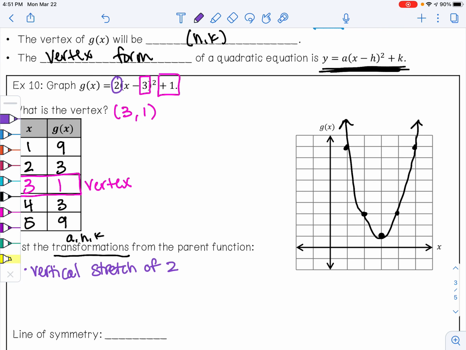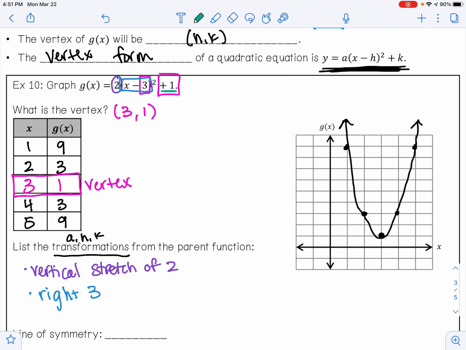Then I have x minus 3, which tells me that this also went right 3 units. And then the 1 on the end tells me that I went up 1 unit. So those are my transformations.